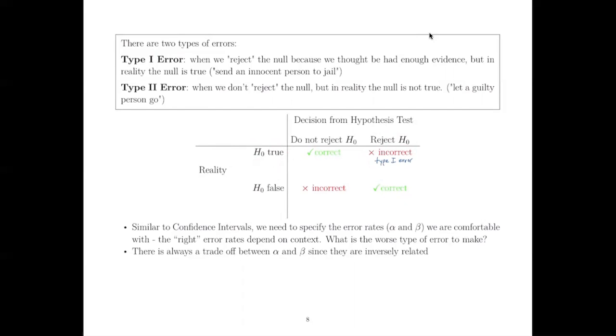The other type of error is if H naught is really false. Ideally, if that's the case, we would want to reject the null hypothesis. That would be the correct decision to make. But if you decide to not reject it, then that's your type 2 error.